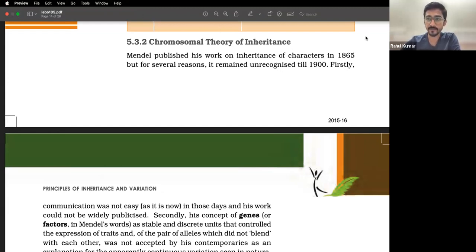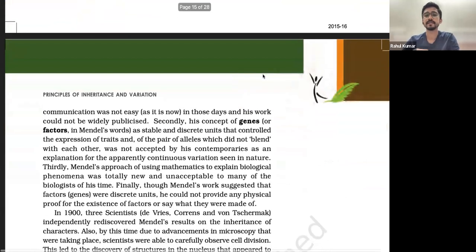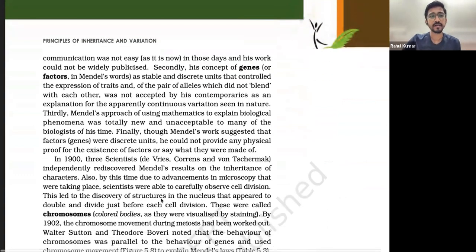Also, because Mendel did not know anything about genes, gamete formation, etc., he could not give proper proofs. So his work was undermined.